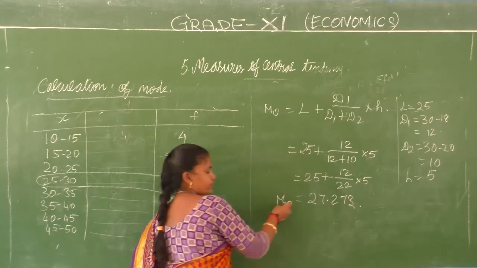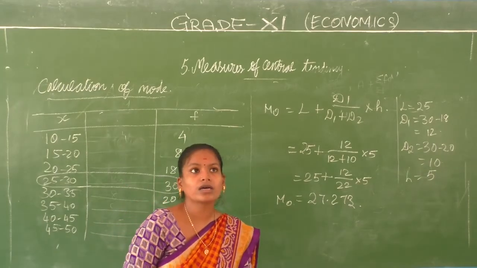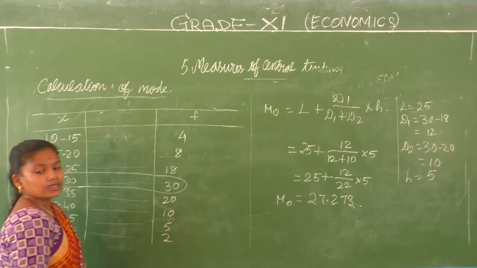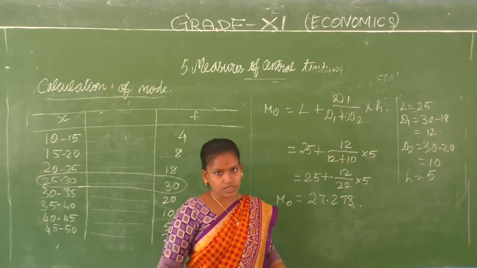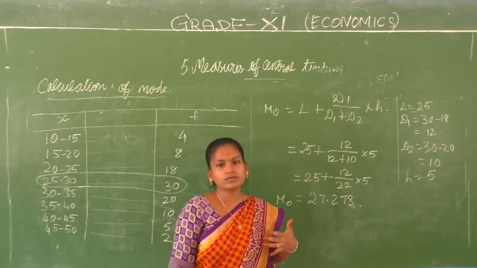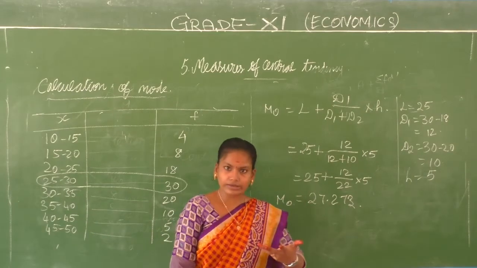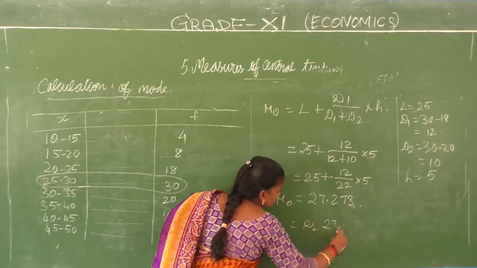That's your mode. Okay? So the modal worker family income is rupees 27.273. They have given it in thousands. The question is in thousands, so your answer would be what? Rupees 27,273. So it will be in rupees.